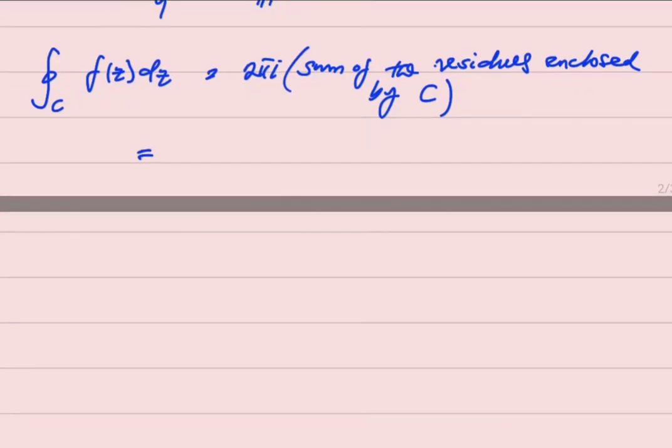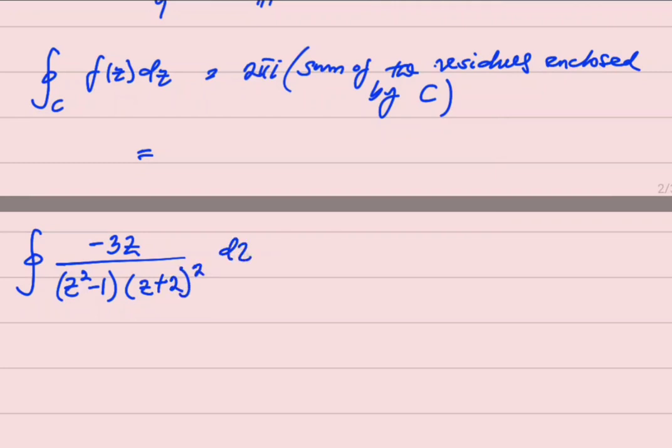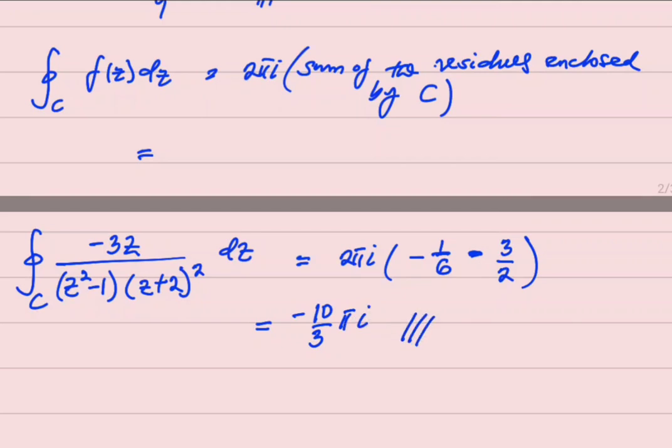Therefore, we have that integral of minus 3z divided by (z squared minus 1) into (z plus 2) raised to power 2 dz over C will now be equal to 2 pi i into sum of the residues. And the sum of the residues will now be minus 1 over 6, minus 1 over 6, then minus 3 over 2. Upon simplification, we have this one to be minus 10 over 3 pi i. So this is the result of that.